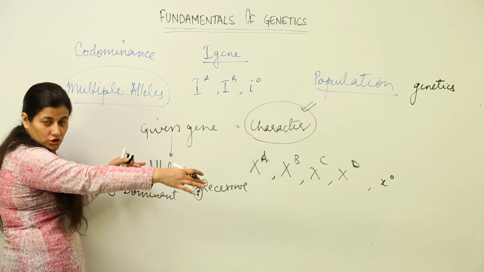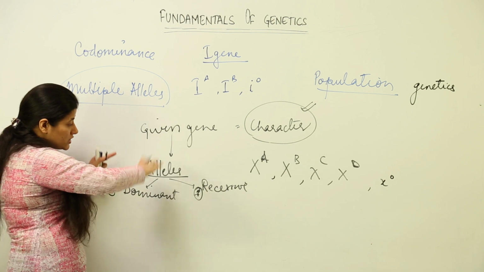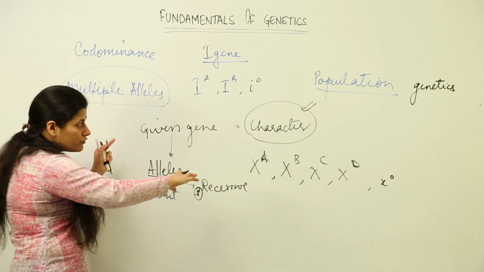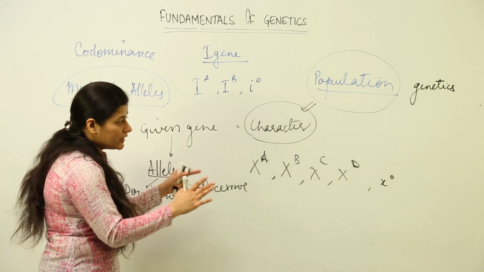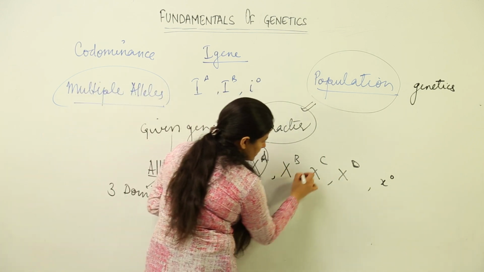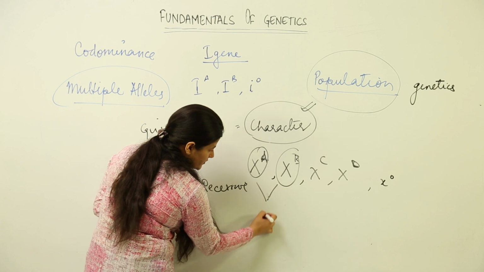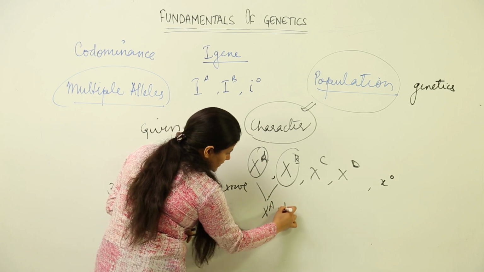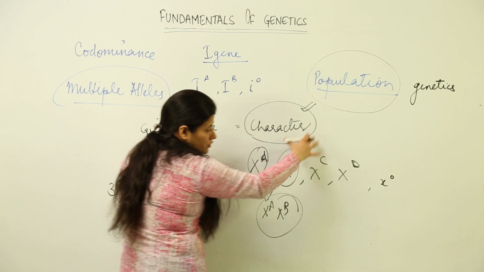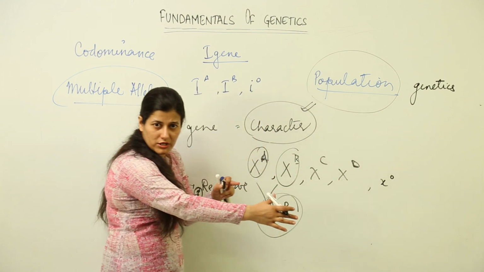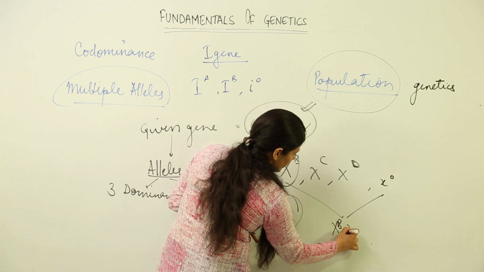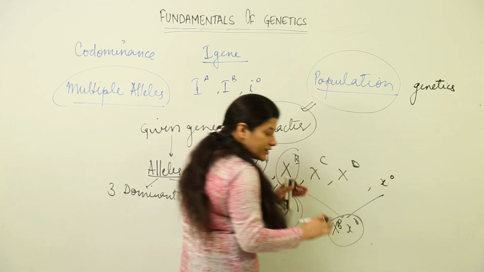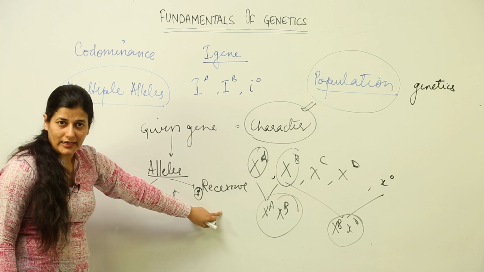This variation, the number of alleles being more than 2, would be seen only in a population but not in a single individual. A single individual can take any of these to make a pair and get that particular genotype. There are numerous probabilities. The individual could be like this, XB, XO. So you see that within an individual there would be 2 alleles.